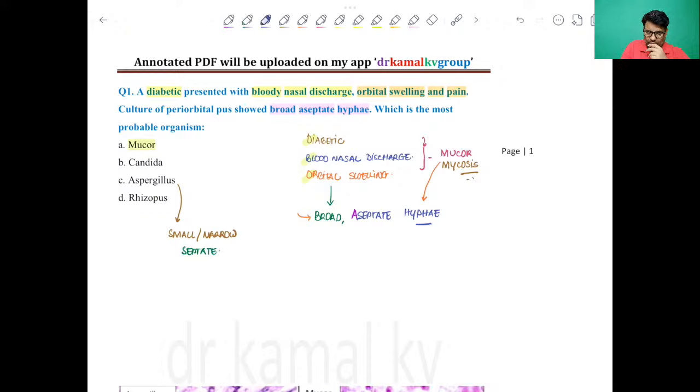One is in terms of size, another is in terms of septations, and there is one more third term, the angle of, you can say, branching. Here it is less than 90 degree, and less than 90 degree in some text you can find the word acute, but here it is 90 degree. Clear? So these are three important differences between aspergillus and Mucor. Clear? So please remember that.